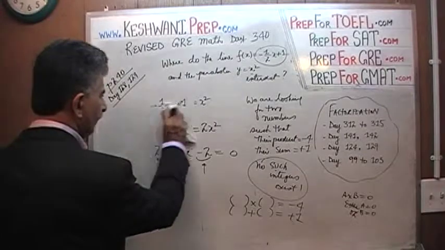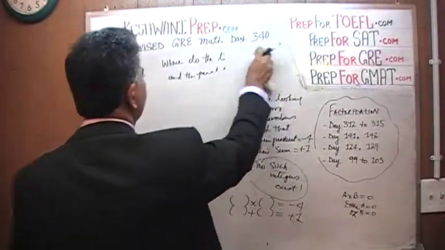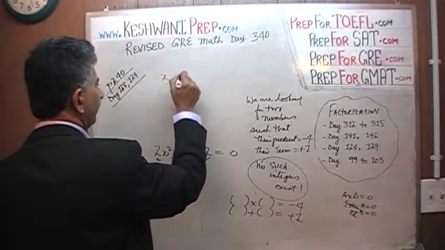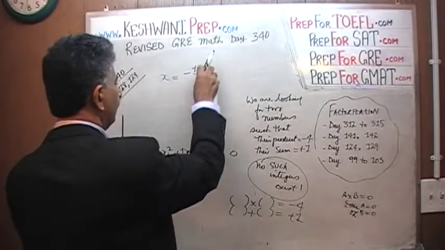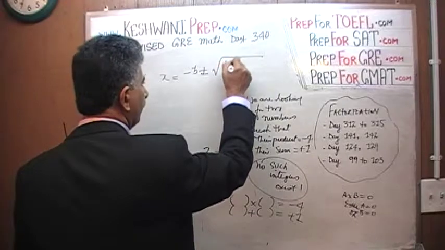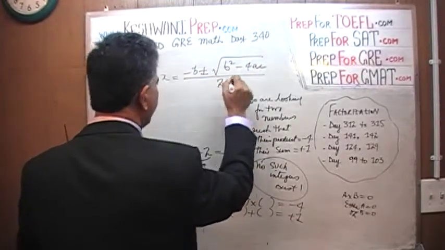Let's do it up here. The quadratic formula goes something like this: x equals negative b plus or minus the square root of b squared minus 4ac, over 2a.